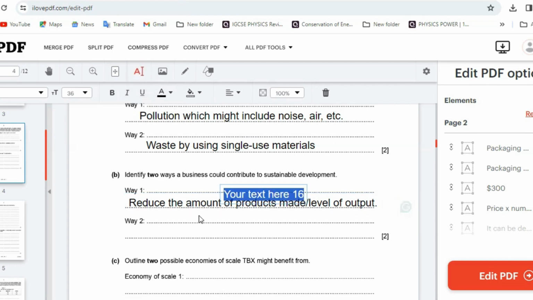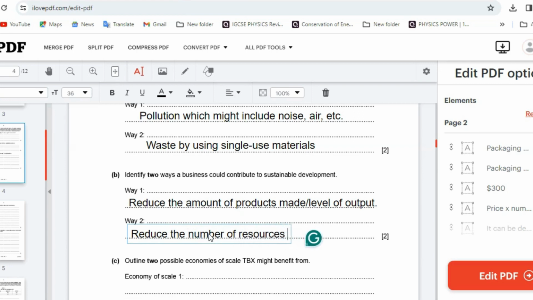In that way, they could contribute to sustainable economic development. Reduce the number of resources used. They can also use renewable energy to recycle products or materials. Now let us move to the next question.